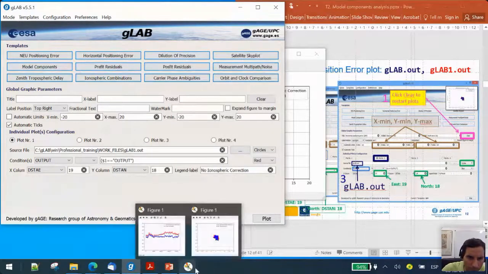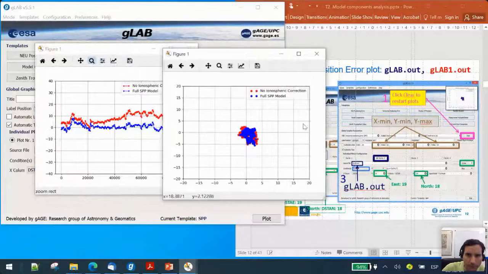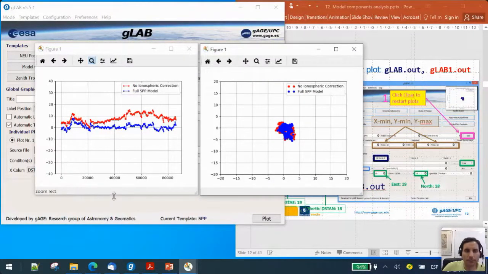Before, we were looking at the evolution. If we get the previous plot, before we were looking at the temporal evolution of the up error in the left plot. Now, what we are looking at is this horizontal error.